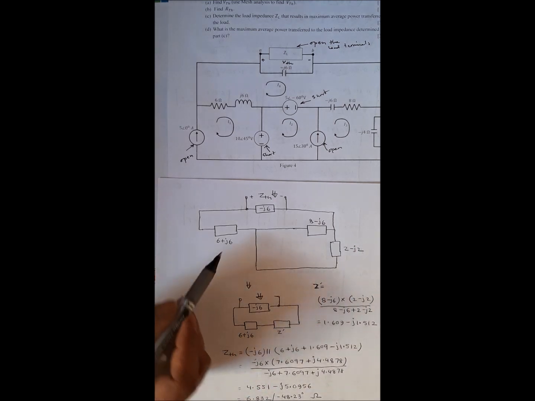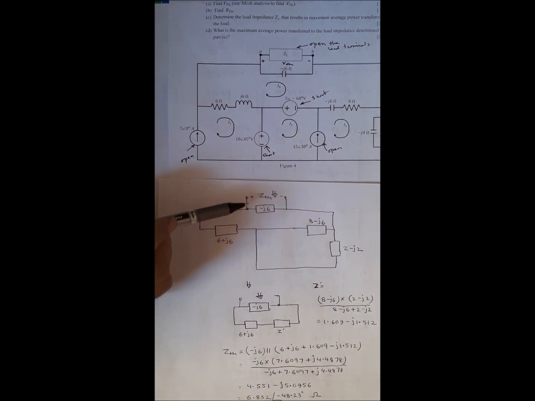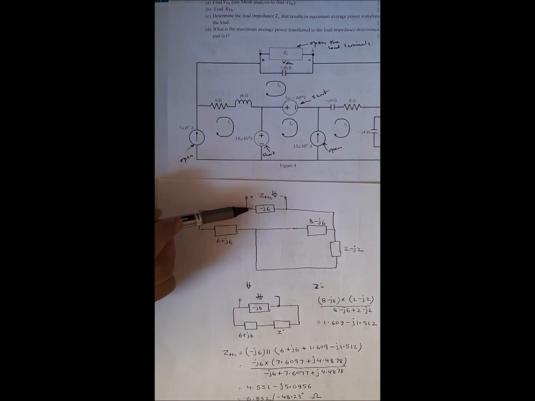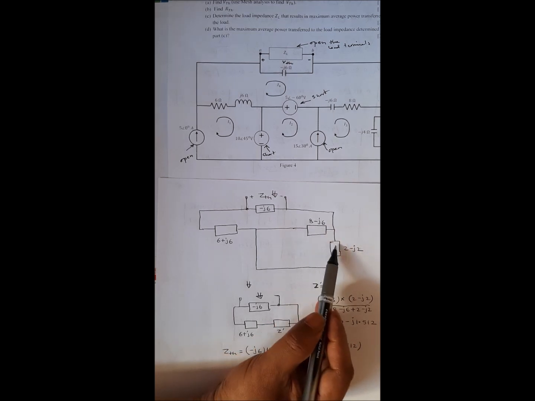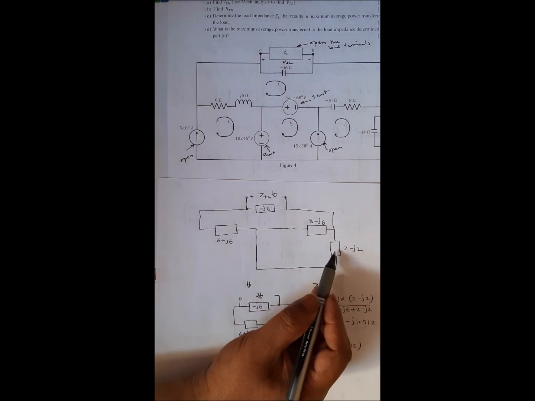Now if you look at this equivalent circuit, you will see that 2 minus Z2 and 8 minus Z6, these two impedances are in parallel. So I find the equivalent impedance for these two. The equivalent impedance is 1.609 this. So we get Z prime equal to 1.609 and this.